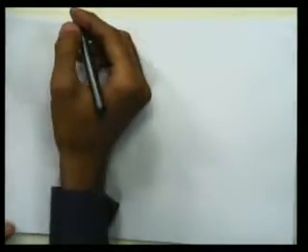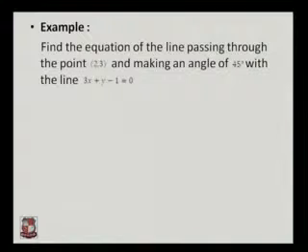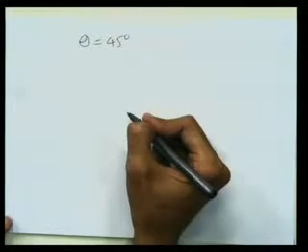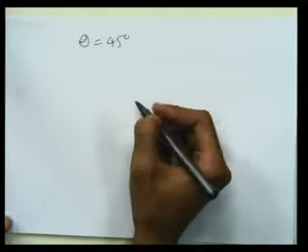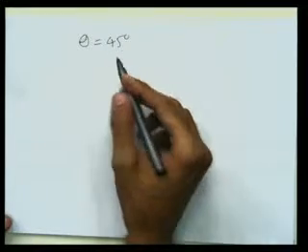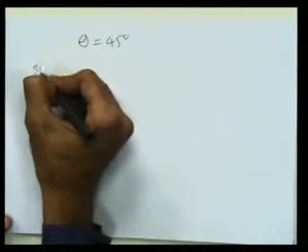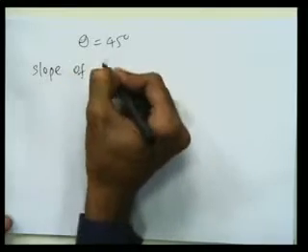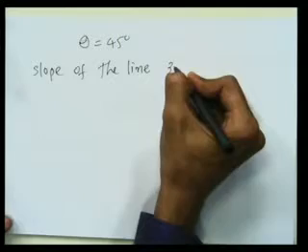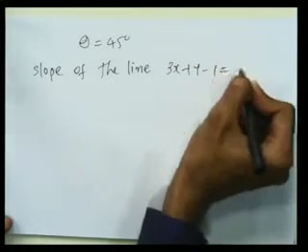In the question, it is given that the required line is making an angle of 45 degree. So here theta is equal to 45 degree, which is given, and this angle is with the line 3x plus y minus 1 is equal to 0.